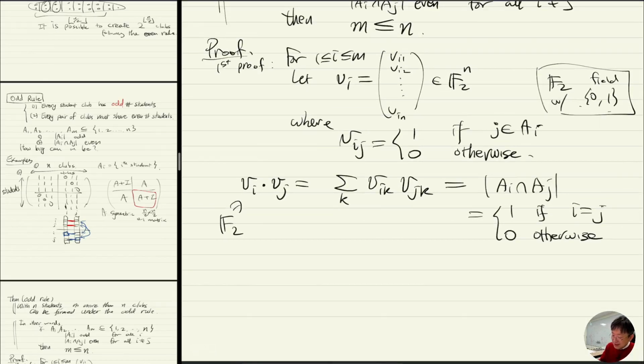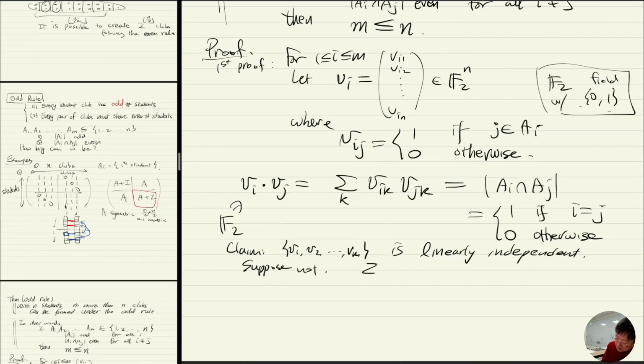Now here's the claim: all these vectors are linearly independent. Suppose not. Then there's a linear combination, the sum of ci vi equal to 0, for some ci.